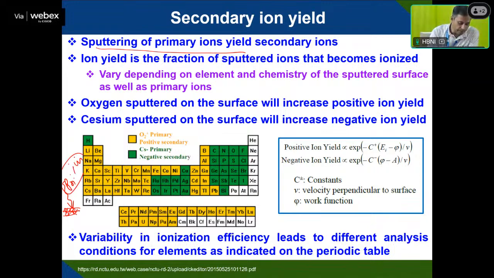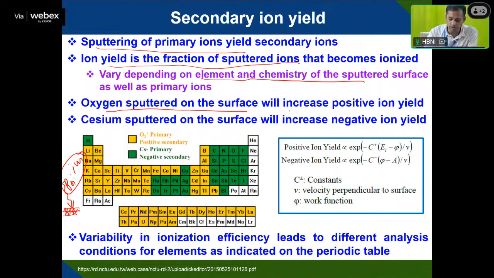The beam intensity depends on the generation capability of the secondary ions, and ion yield is the fraction of sputtered ions that become ionized. That means because of the primary ion, how much secondary ion yield is measured depends upon the element and chemistry of the sputtering surface, how rough the material is, how dense the material is.